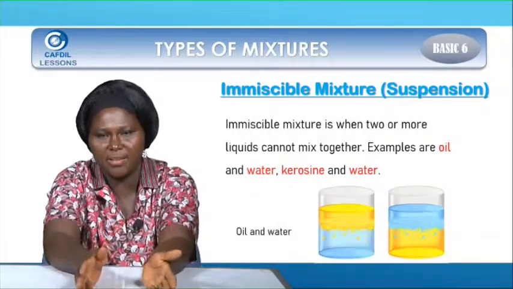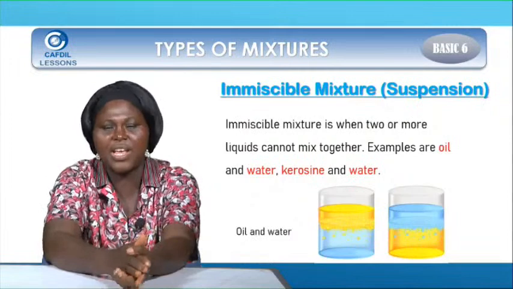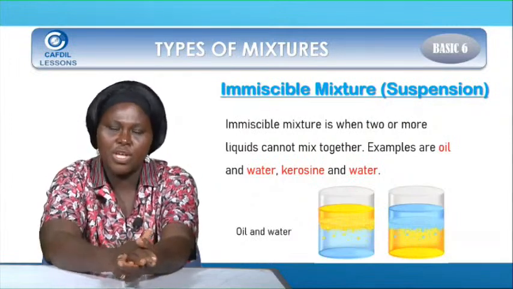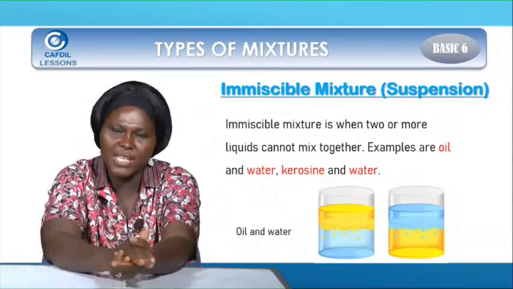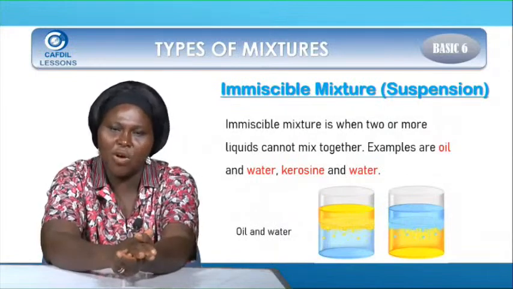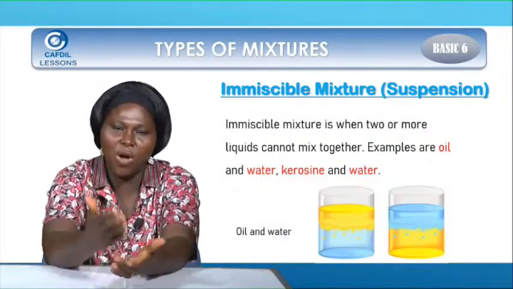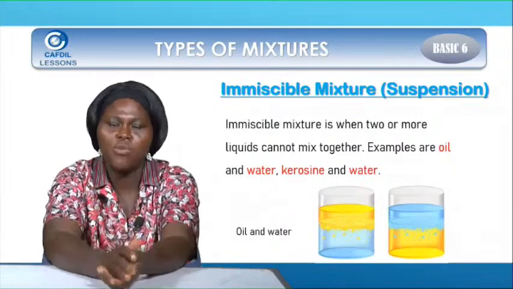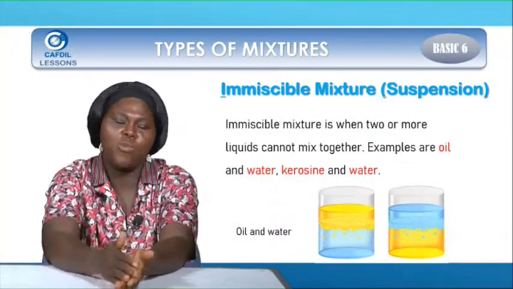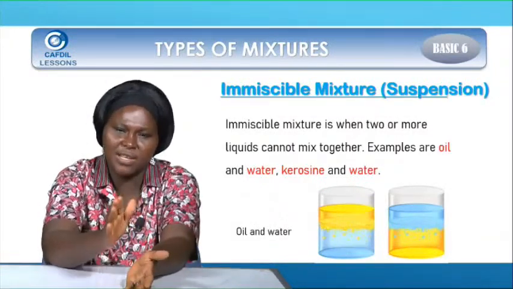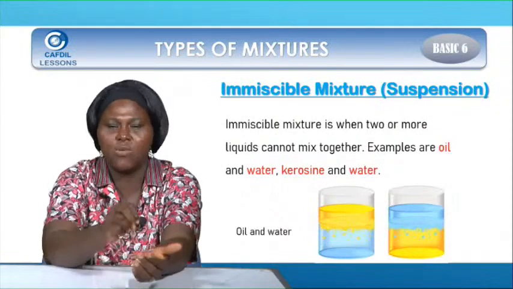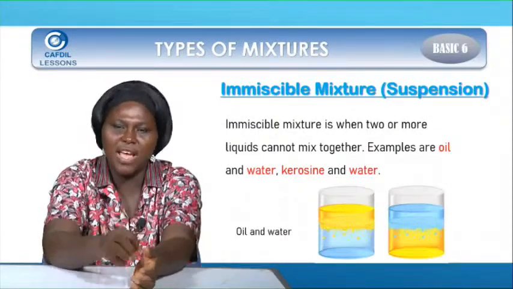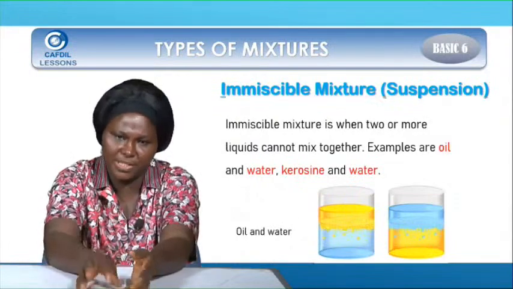Another example is kerosene and water. When you mix, you will see that the water will be at the bottom of the beaker and the oil or the kerosene will be at the top. We say that the kerosene is lighter than the water and the water is heavier than the kerosene.